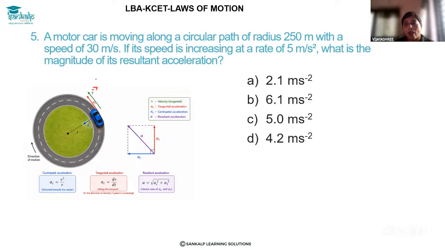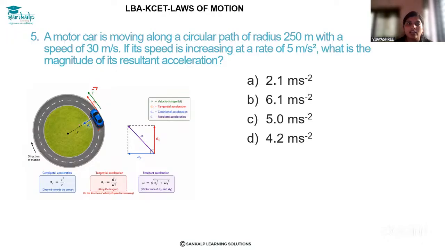Here you can see. When it comes to acceleration, there are two kinds of acceleration acting on the car. One is tangential acceleration, another one is centripetal acceleration. Tangential acceleration: its direction is along the tangent, same as the velocity direction.